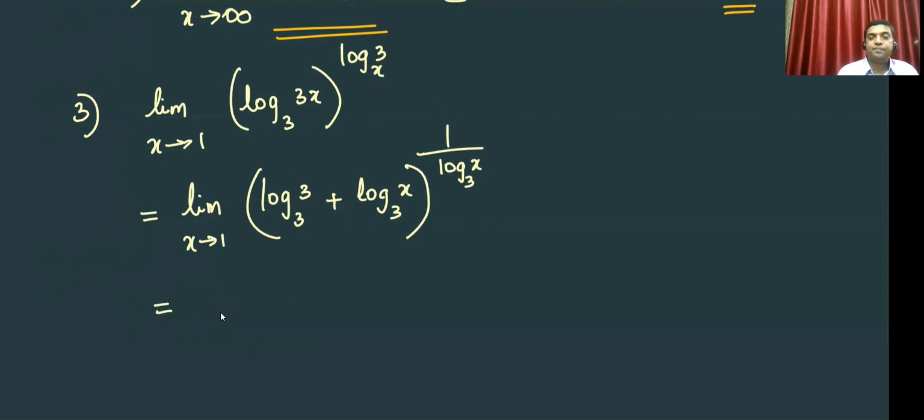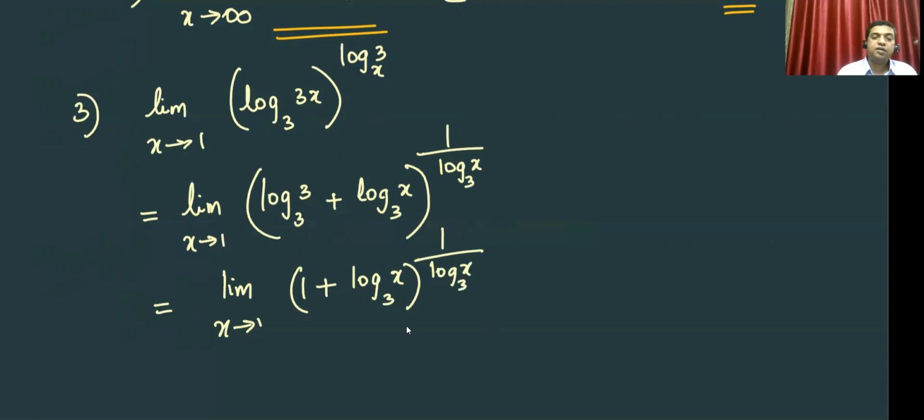So this is 1. This is 1 plus 0. So you can still further write this as 1 plus log x to the base 3 into 1 by log x to the base 3. So this is 1 plus f of x to the power 1 by g of x form. f of x is tending to 0, g of x is tending to 0.